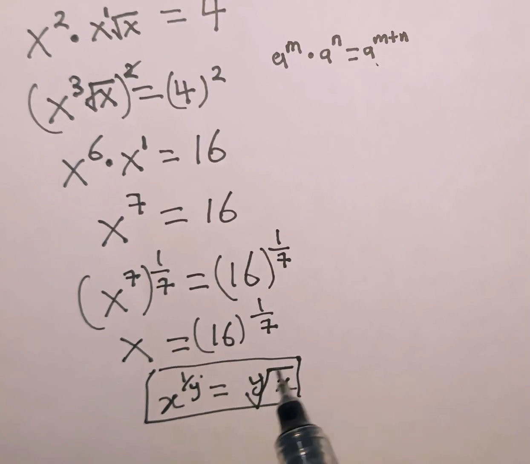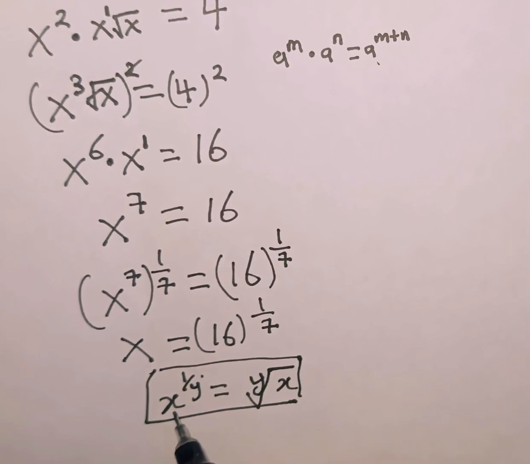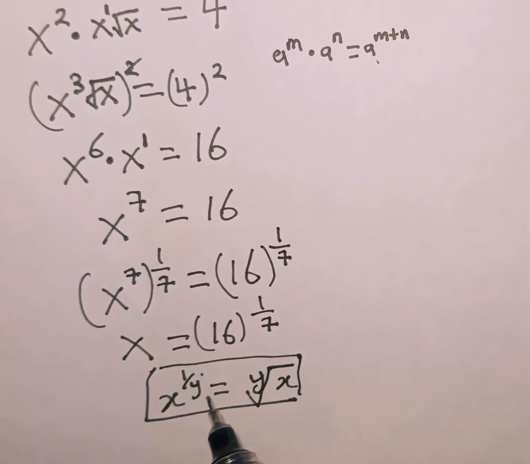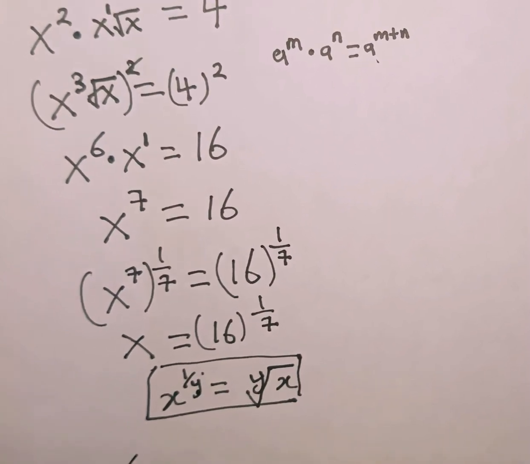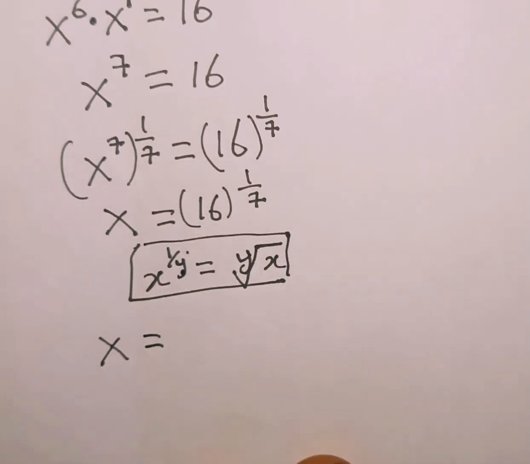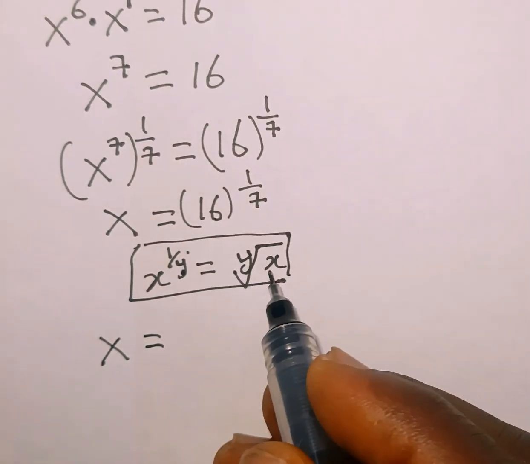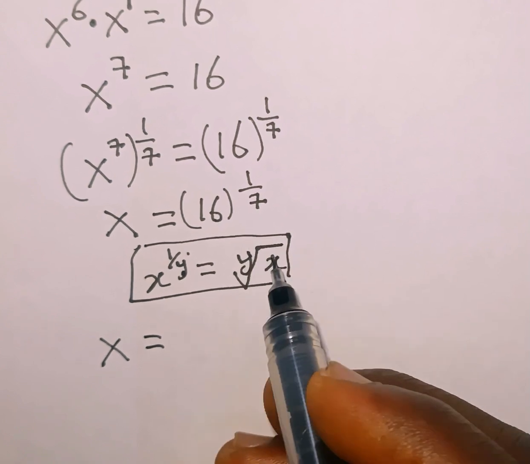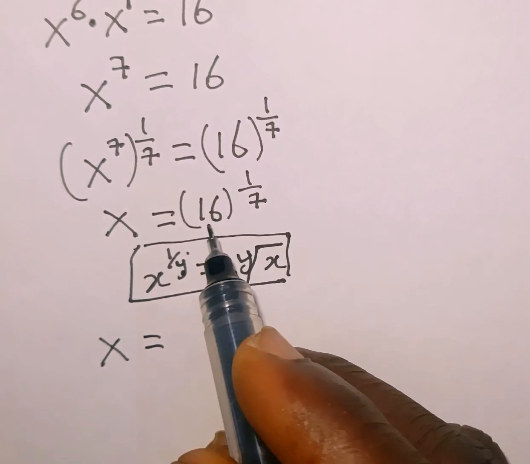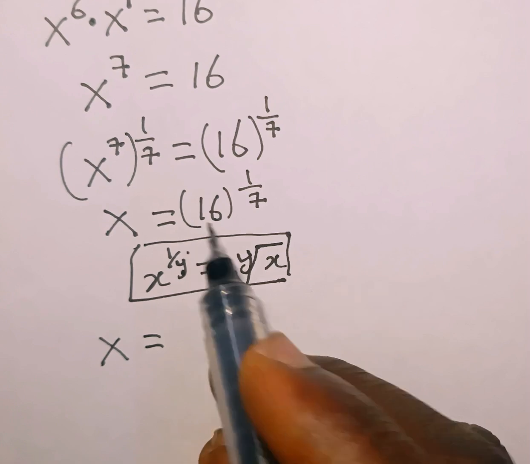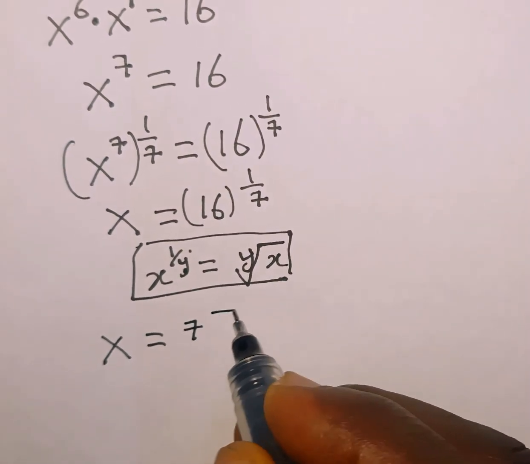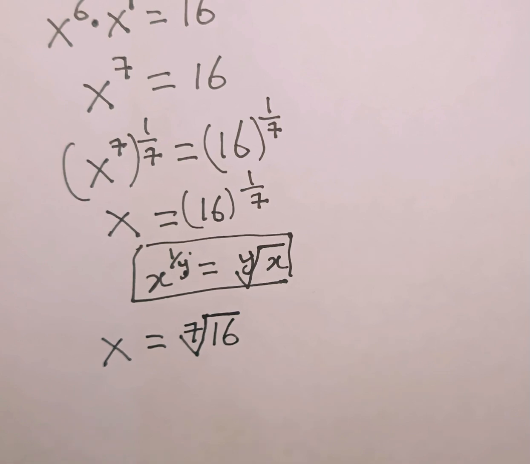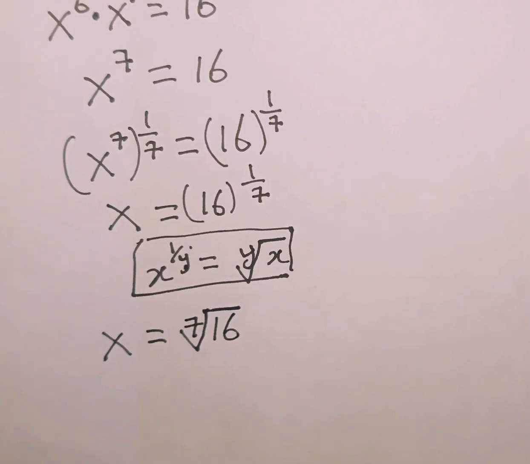So we are going to transform it into this form. Therefore, this x represents 16 and this 7 represents y. So x now will be equal to the seventh root of 16. So this is the value of x that satisfies this equation.